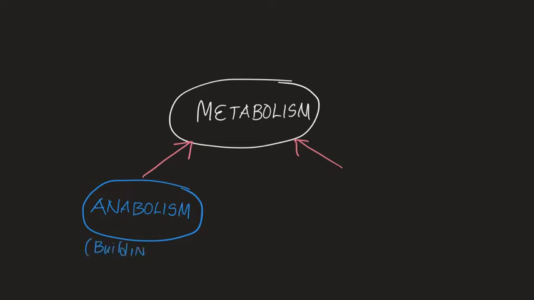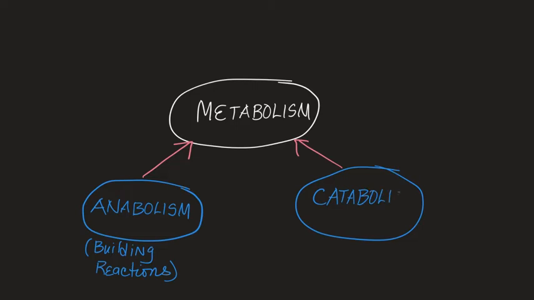Examples of anabolic reactions are protein synthesis and DNA replication. The other type of reactions are catabolic reactions, when you break down something. So catabolism means breaking down reactions. The most obvious being breaking down fuel in the form of glucose to give energy in the form of ATP.